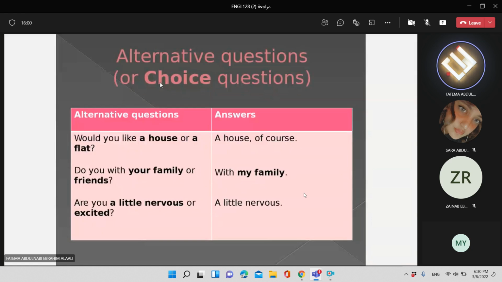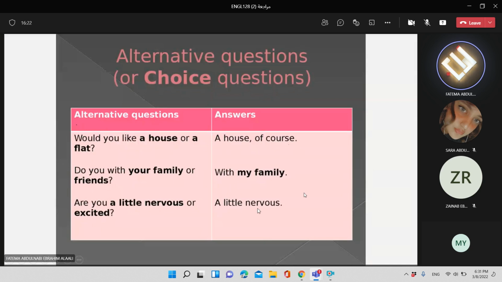Then the subject, like would is the modal verb. Do and are are helping verbs, and then we put the subject. And for the answer, we choose one of the two options. A house, of course, with my family. A little nervous.